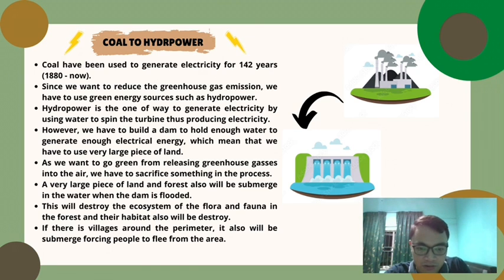This will destroy the ecosystem of flora and fauna in the forest, and the habitat will also be destroyed. If there is a village around the perimeter, it will also be submerged, forcing people to flee from the area. This is the effect of moving toward green, from coal to hydropower.